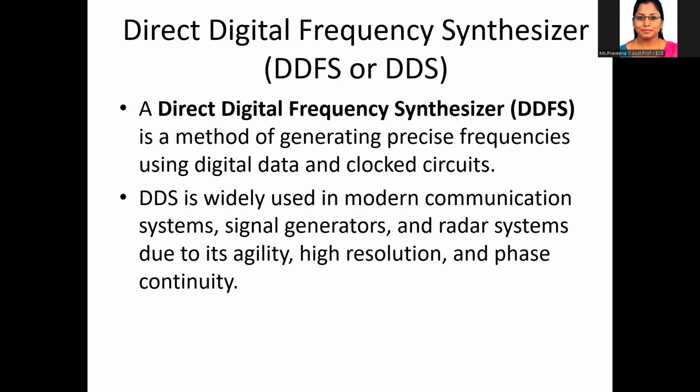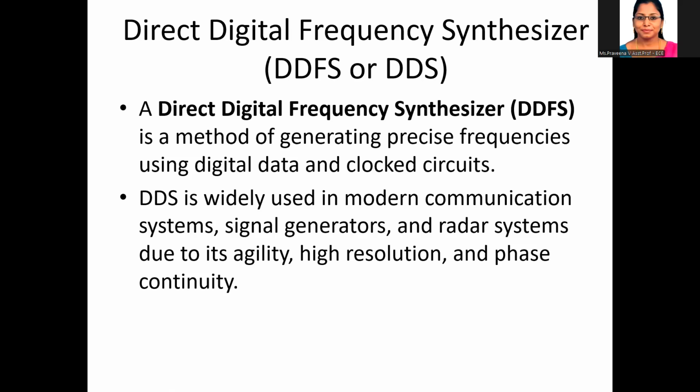The main components of DDS are a reference clock, phase accumulator, phase to amplitude lookup table, and a DAC converter. The phase accumulator will generate digital phase values based on the frequency control.